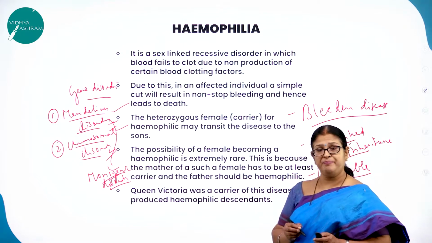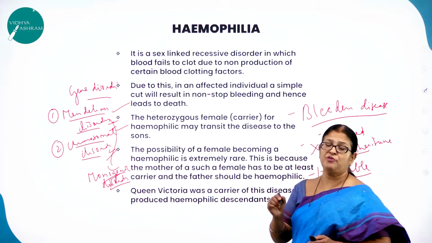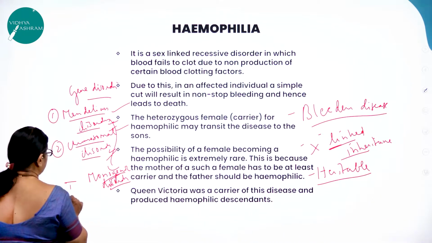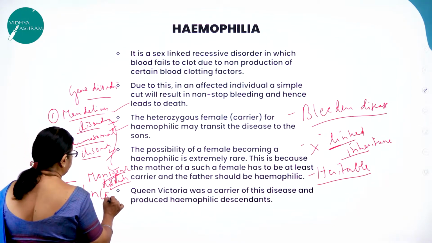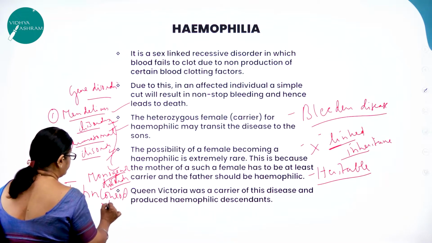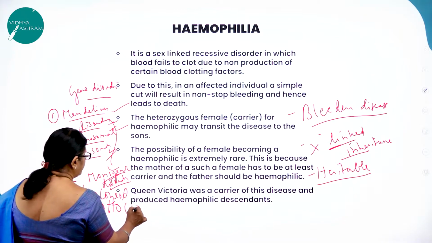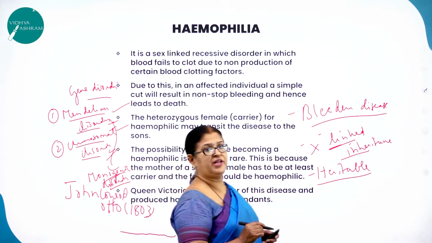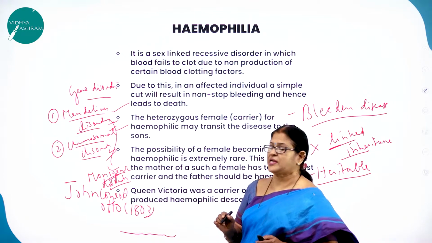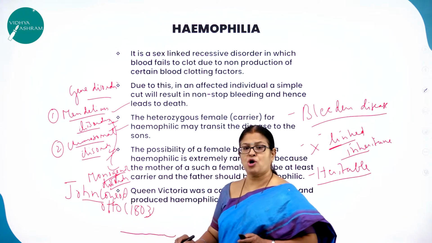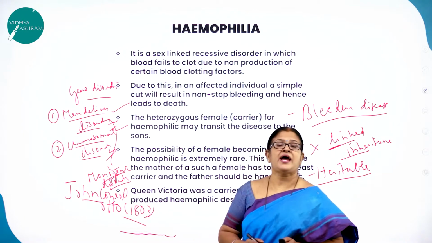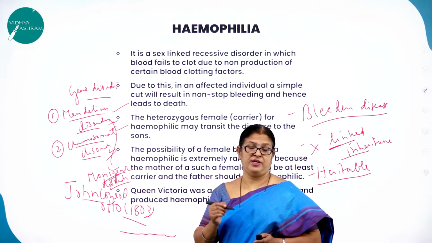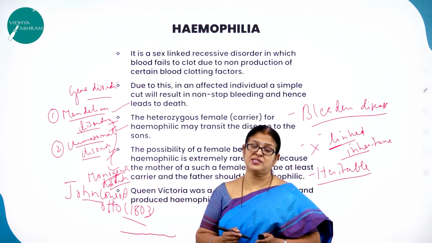Hemophilia was first discovered by a scientist named John Conrad Otto in 1803, and it was first observed in a European family, that is, Queen Victoria's family.